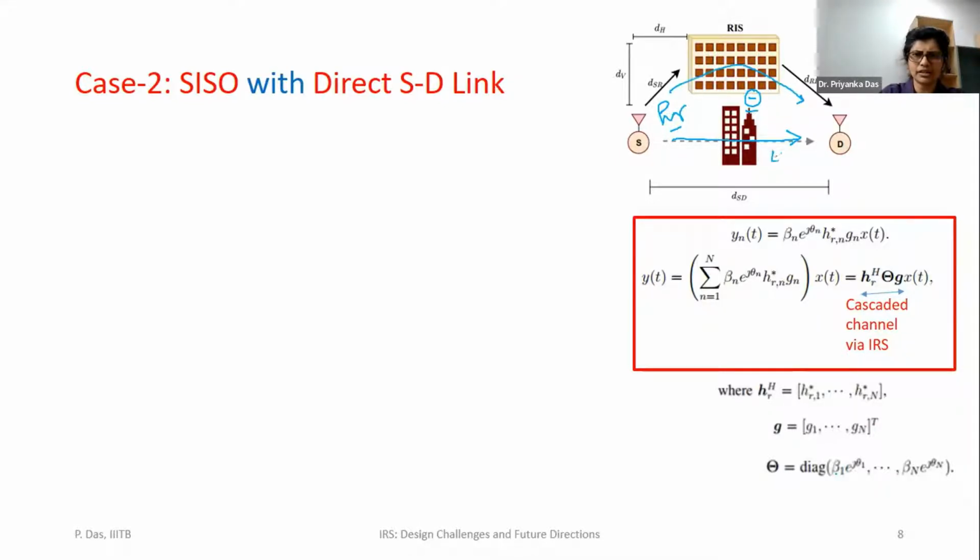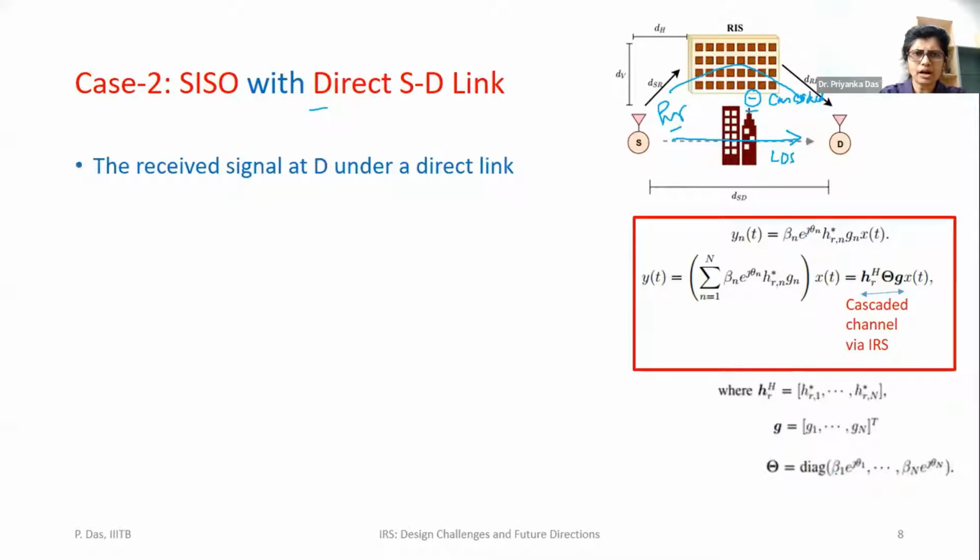One is the line of sight channel, the direct SD link, and the other is the cascaded channel via the IRS. The destination will see the two together. What it will do with these two channels is add the two signals.